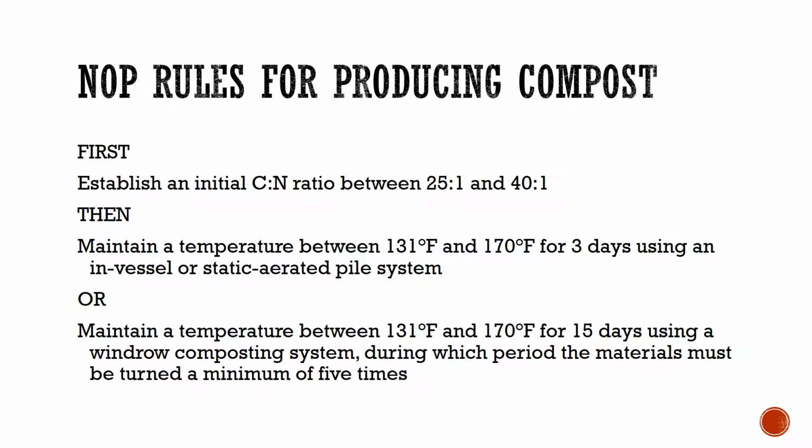All right, NOP rules for producing compost have to follow the carbon to nitrogen ratio. It can be anywhere from 25:1 to 40:1. Then it has to be at the correct temperature, anywhere from 131 degrees Fahrenheit to 170 degrees Fahrenheit for 3 days in an in-vessel or a static aerated pile system, or you can maintain those degrees for 15 days using a windrow composting system.